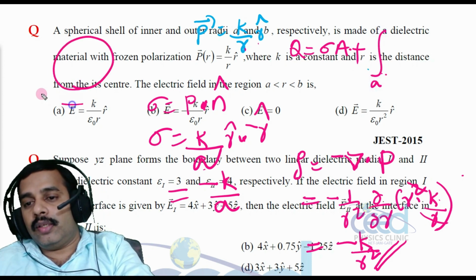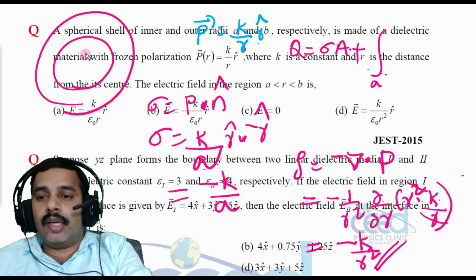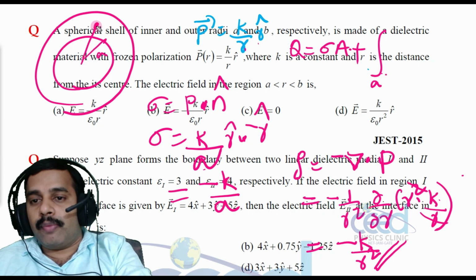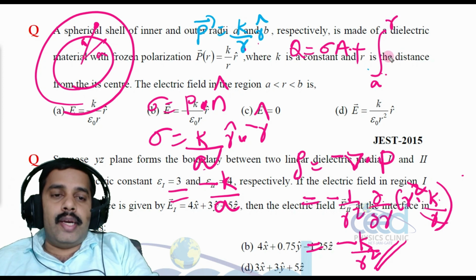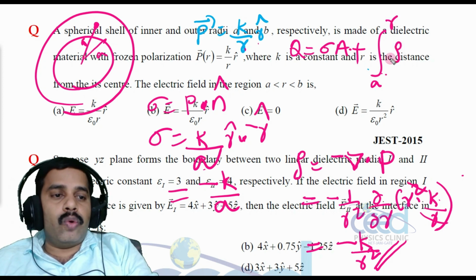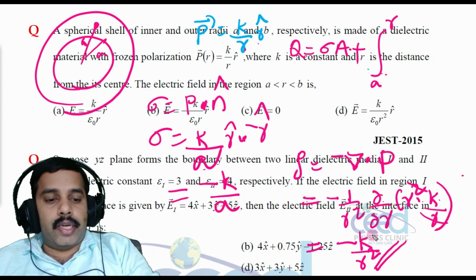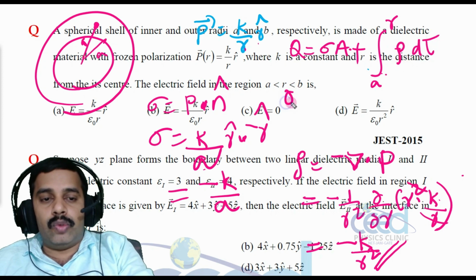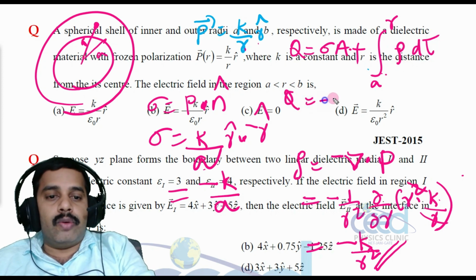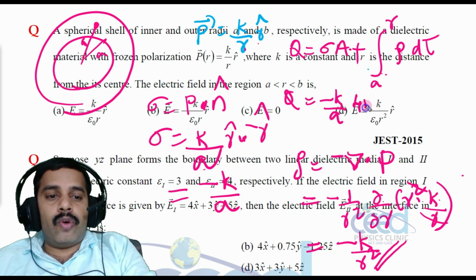We have drawn the figure like this, right? Its inner radius is a and the outer point is r. So this charge density is varying from a to r, and rho d tau, right? What is rho? Rho is minus k by r square. Now we can substitute Q is equal to, what is sigma? Sigma is equal to minus k by a. What is the area? Area is equal to 4 pi a square, right?